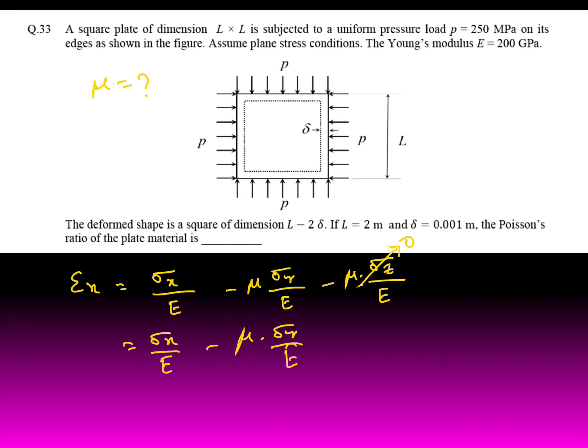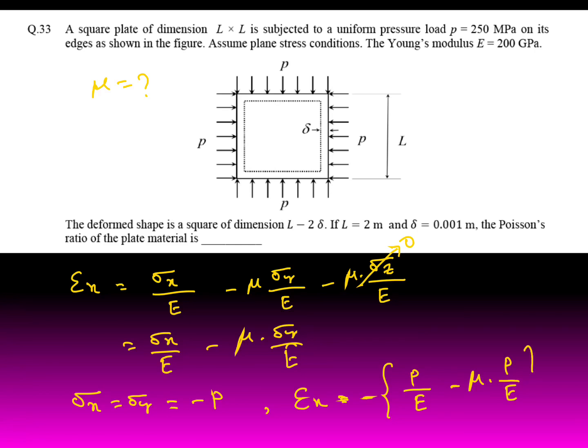Its value is P, pressure given 250 megapascal. So in both cases it will be minus, so minus will take common: minus P by E, sigma x is minus P, then mu into sigma y also P by E. This is strain in x direction.